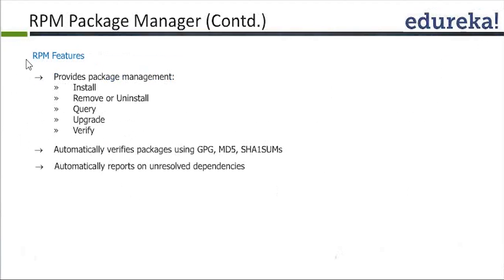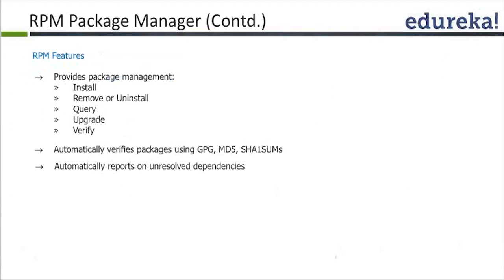One more thing: if you want to install a particular package using RPM, you need to download that package and give that package as an argument to the RPM command. We will also be making use of another command or tool in order to install the packages, just to differentiate between RPM and YUM. With RPM, we have to download the package and give that as an argument to the RPM command to install it.